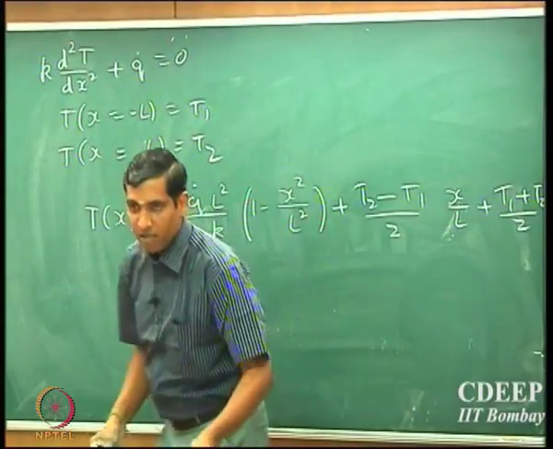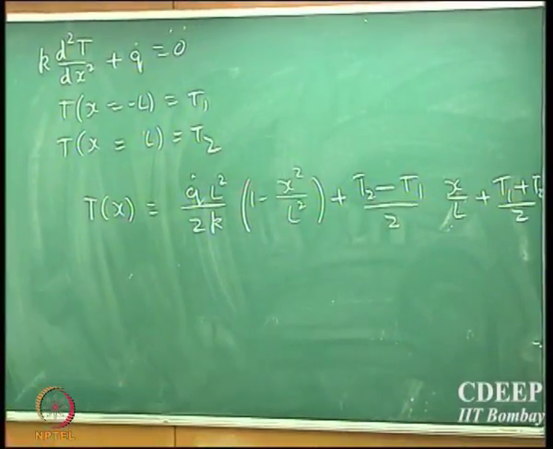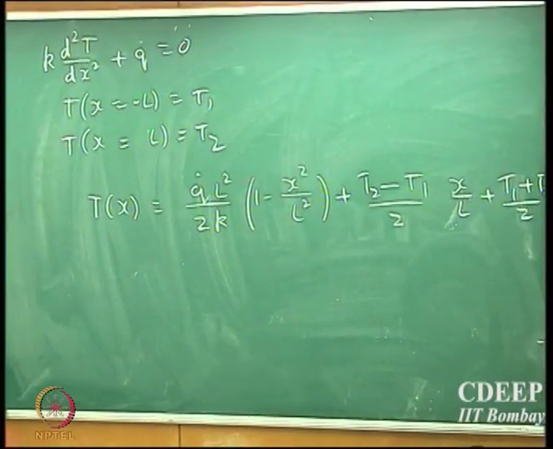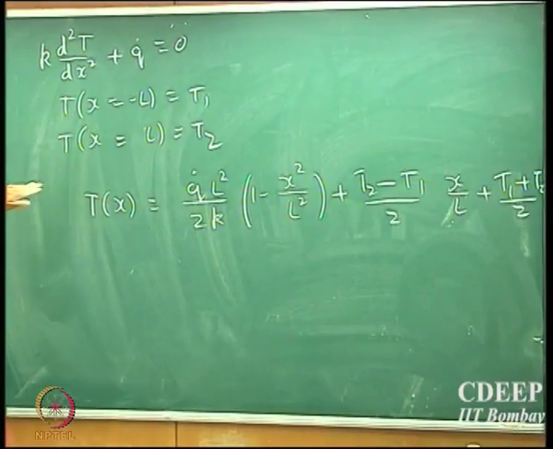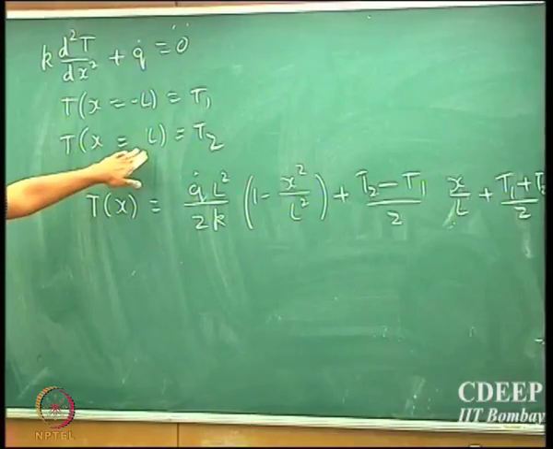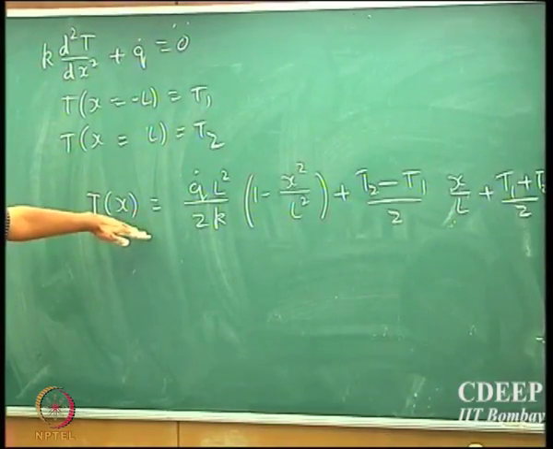So that is the solution for the model. It's just a second order differential equation, so it's not a very difficult exercise. You should actually solve the equation and convince yourself that this is the correct solution.